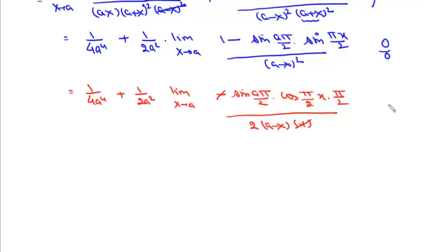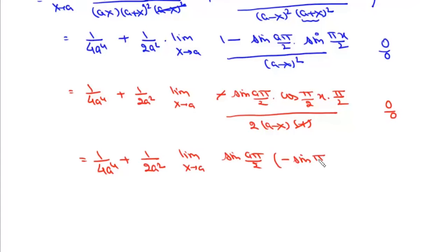Now this again is 0 upon 0 form, because cos of an odd multiple of pi by 2 is 0 and a minus a is also 0. So we now get this as 1 upon 4a to the power 4 plus 1 upon 2a square, and then this limit x tends to a sine a pi by 2. Now this is minus sine pi by 2x, and then it will be this pi by 2 square divided by 2 into minus 1. This minus and minus will cancel. Now we'll put x as a.